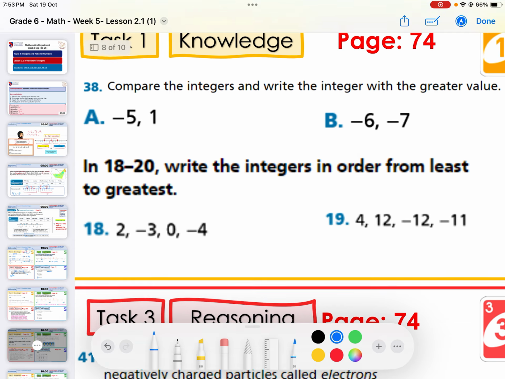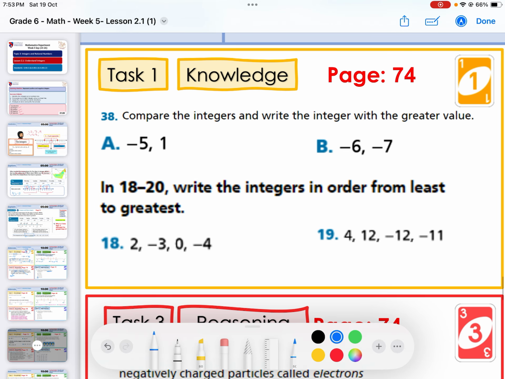Okay, let's see, what do we have here? This is very important. You're going to get questions about compare, of course, and order from least to greatest. So to compare, you can draw a number line to help you. Like this is 0, that's 1, and -5 will be here. So we can tell which one is greater, which one is on the positive side, which one is to the right of 0. That will be 1. So 1 will be greater than -5.